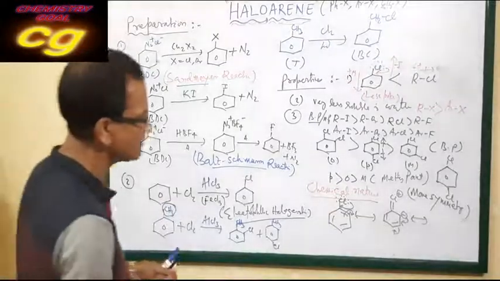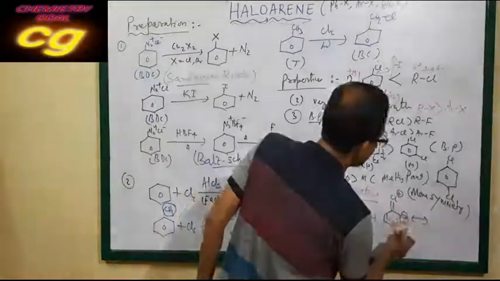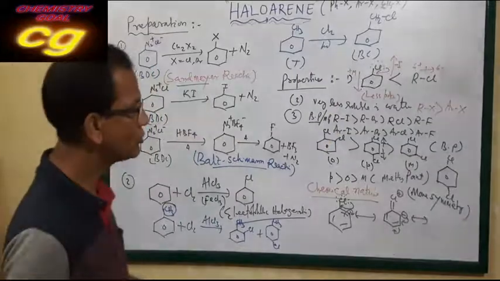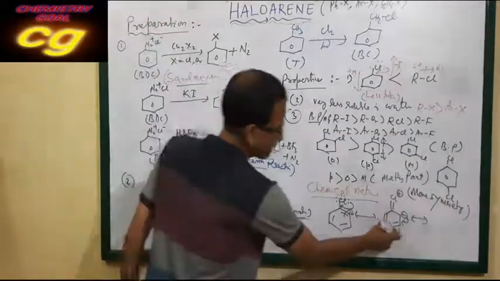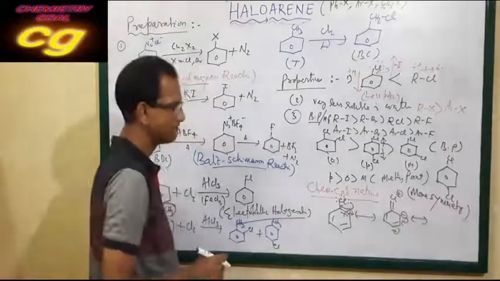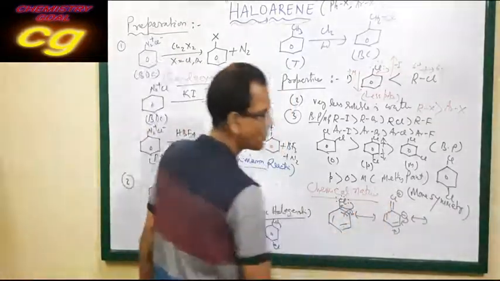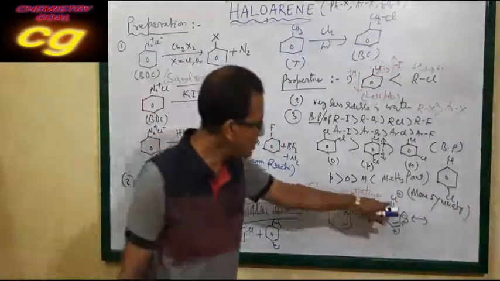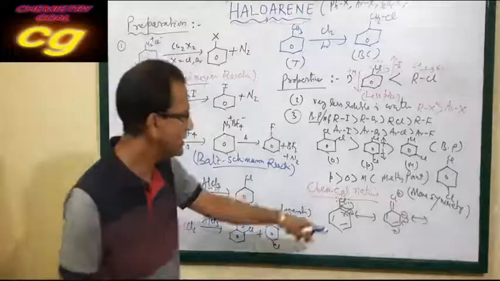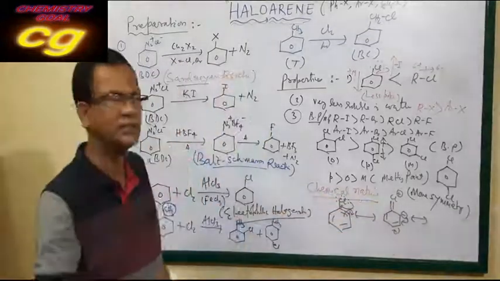The negative charge is mainly produced at ortho and para, and the double bond character is produced. As double bond character is produced, the bond strength is increasing.